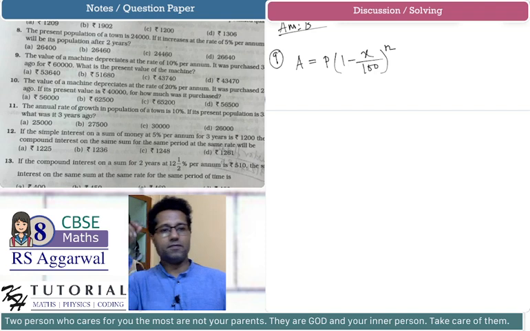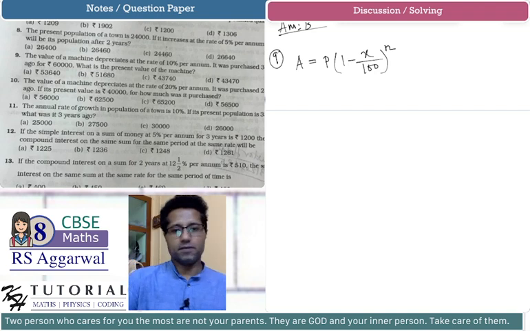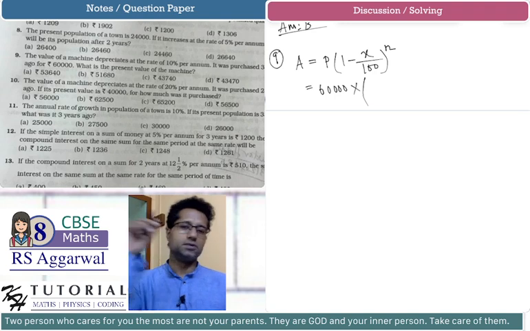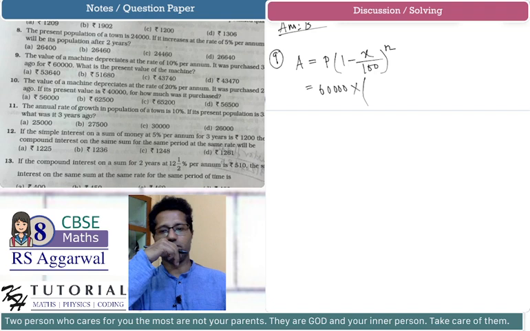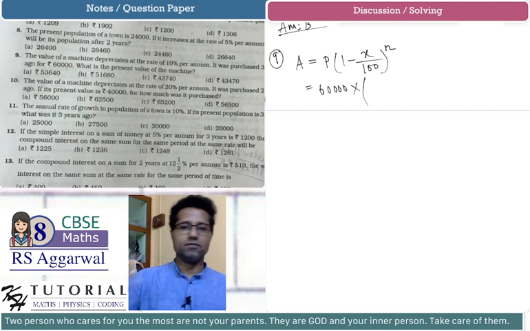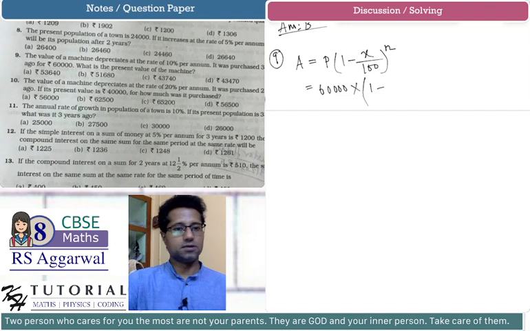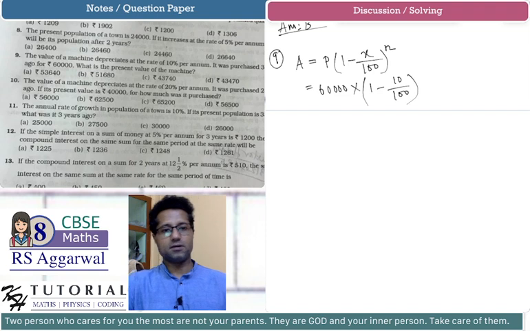Now in the problem it is given that the value of the machine 3 years ago was 60,000. So in this problem we can see that P is given as 60,000 3 years ago, and we are calculating the value of the machine 3 years later, which will be the value of the machine currently. So 1 minus X by 100, the rate of depreciation is given to be 10, so 10 by 100, and the time period is 3 years.